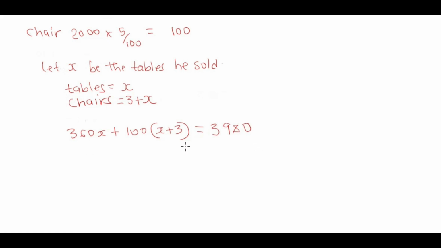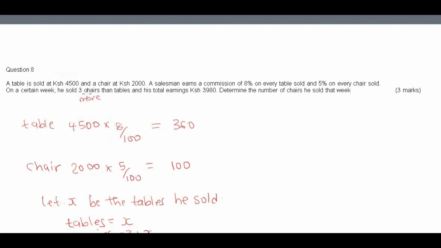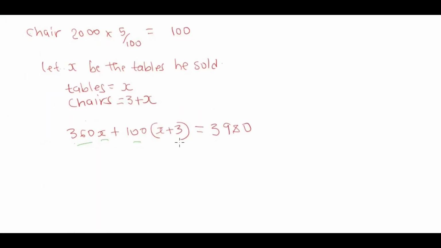This is an equation, because the commission that he gets on the tables is 360 times the number of tables that he sells, plus the commission that he gets on the chairs, that is 100, times the total number of chairs, and we are told the number of chairs is 3 more than tables. So if x is the number of tables, it is x plus 3, equals to his total earning that week.